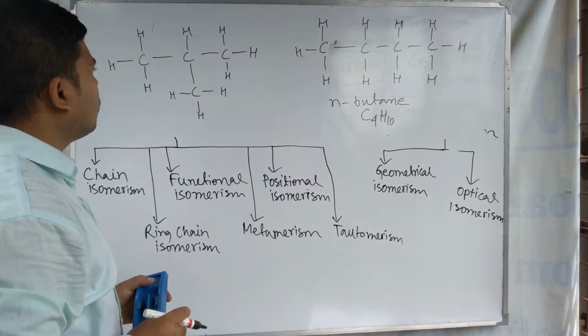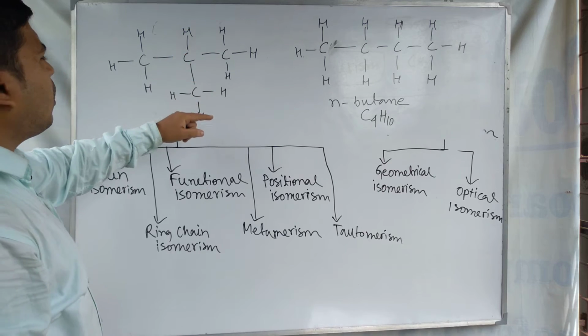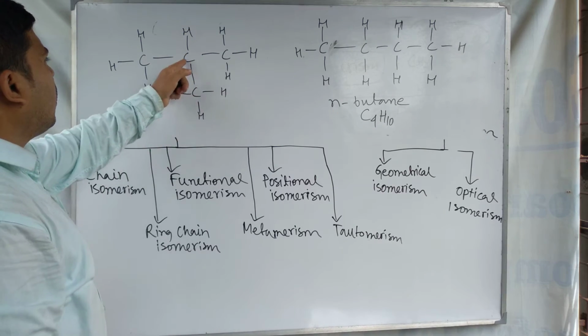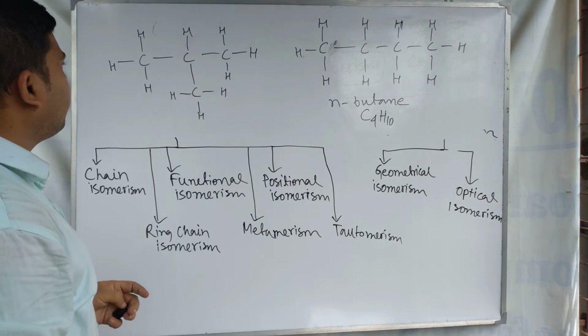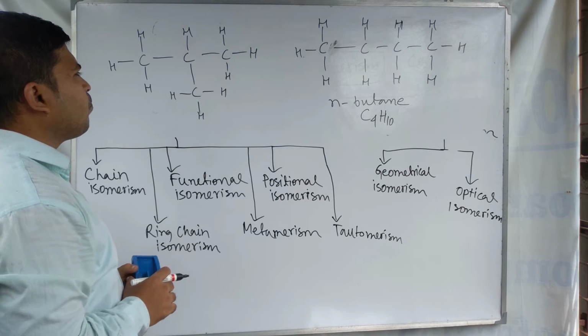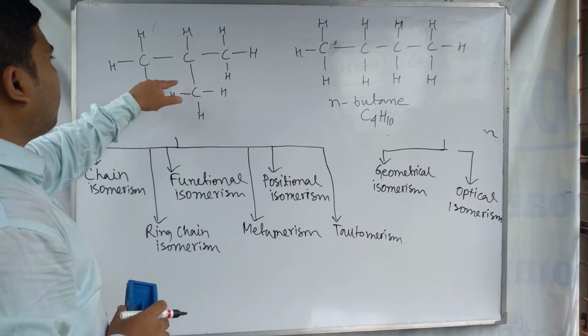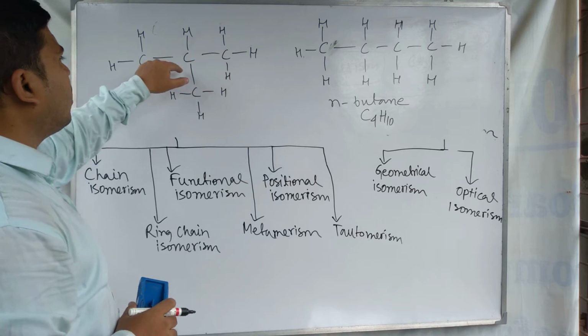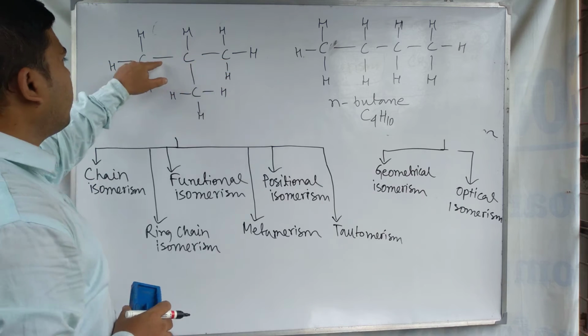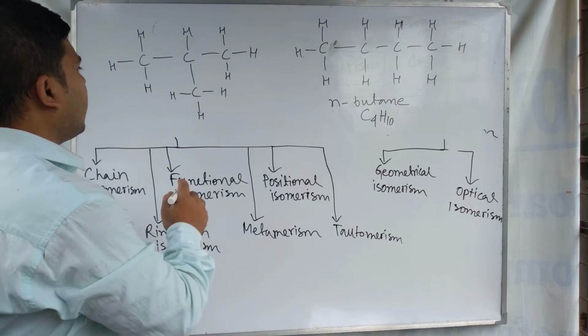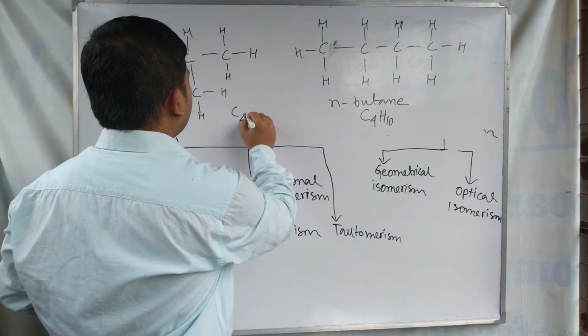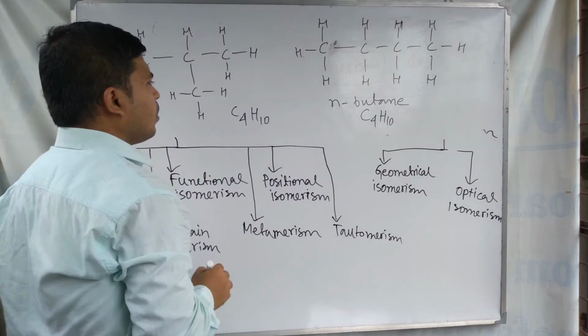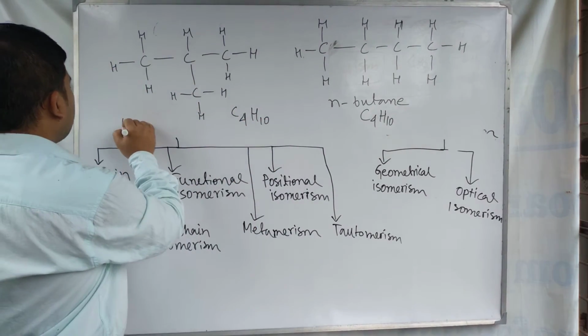This compound has the molecular formula C4H10, 1, 2, 3, 4 carbons, and has a branch chain with the main chain of carbon. This is the main chain and this is the branch chain, and it has the molecular formula C4H10. So this is called isobutane.